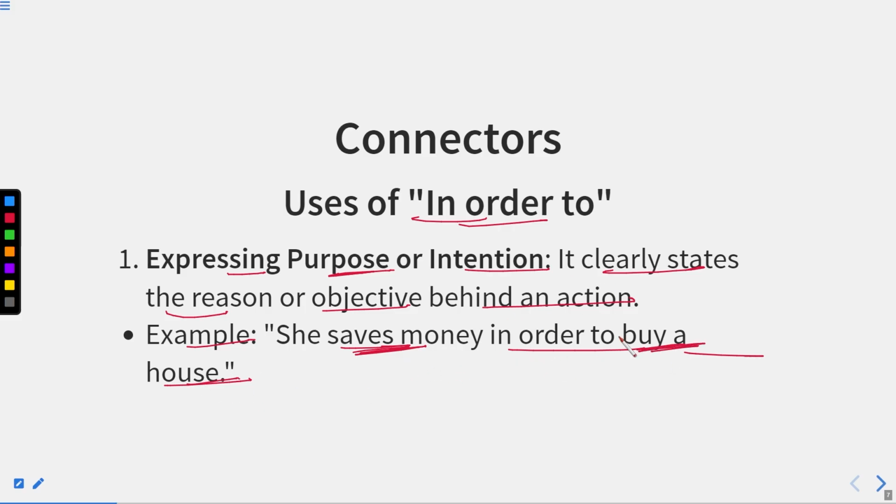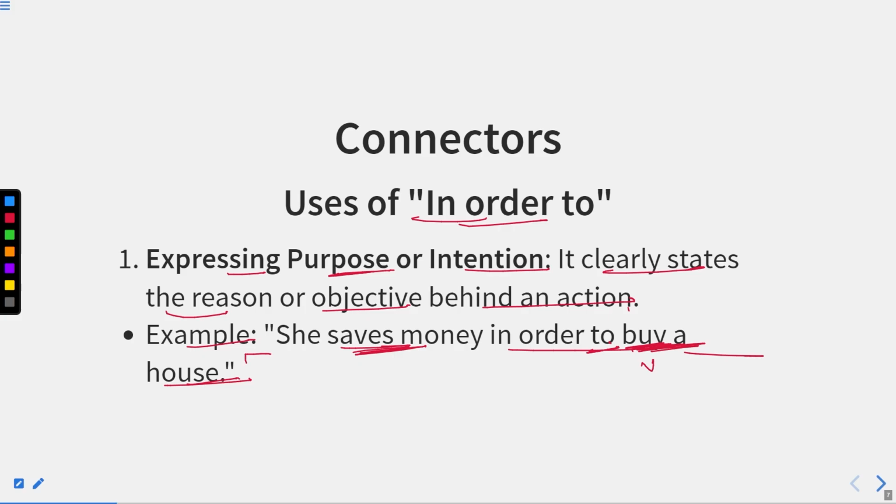Now, if I write in order that, I will write in order that she could buy a house. So that will be a conjunction because I'm writing the entire clause containing subject plus verb, that is, she could buy. But here, I simply write the verb after this to, which should be in first form, and then the sentence will be completed.